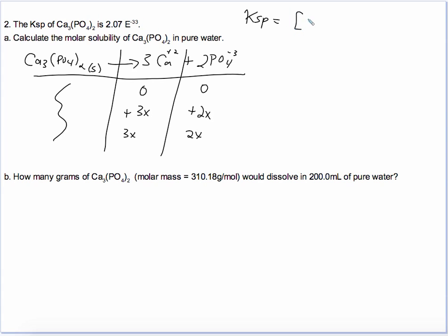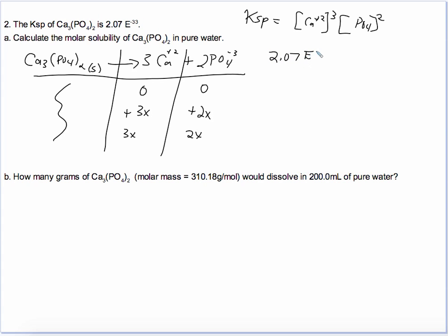And so we can write our Ksp expression. Ksp is equal to calcium to the third power times phosphate to the second power. Then we can plug in our numbers. Because the molar solubility is x, that's what we're looking for.